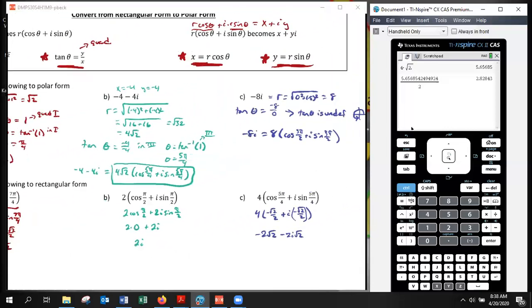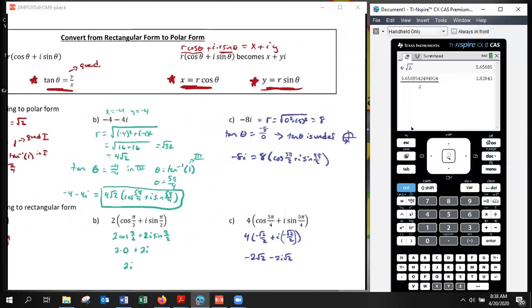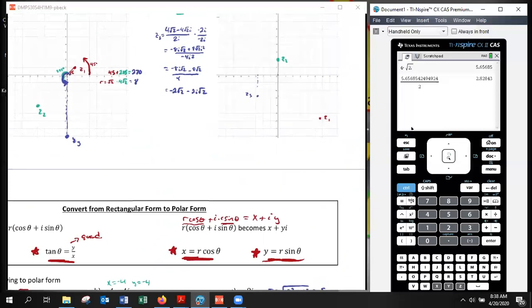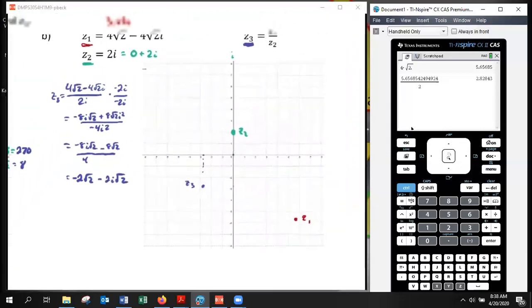Now, the last thing that we have to do today is let's take a look at what we knew about this problem. So with Z1, let's figure out what angle does it take to get to Z1. And that angle, again, I'm going to do this in degrees just because it makes working with the numbers a little bit clearer.